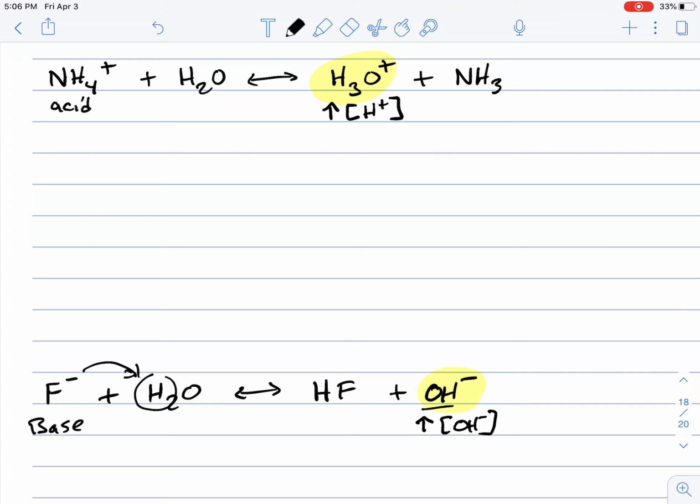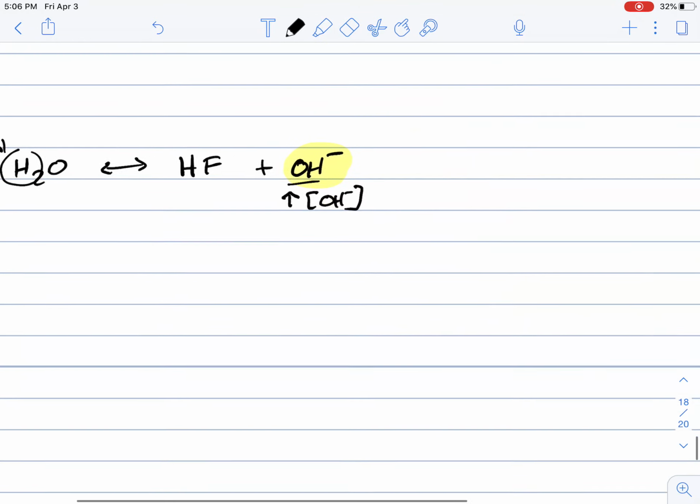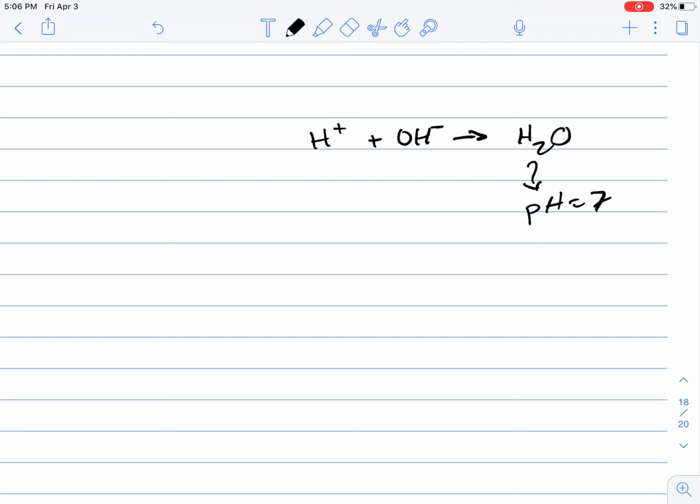So H plus OH minus, I'll write that down here, just off to the side. It's going to produce water. And if you only have water, then the pH of the solution is going to equal 7, right?